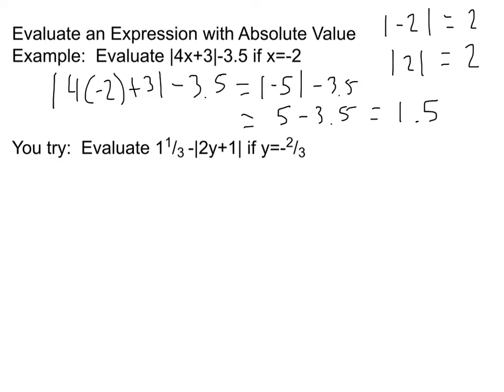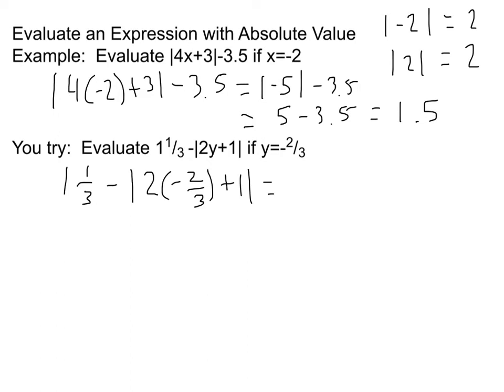Okay, 1 1/3 minus the absolute value of 2 times negative 2/3 plus 1 is equal to, so I'm going to change that 1 1/3 to just 4/3.